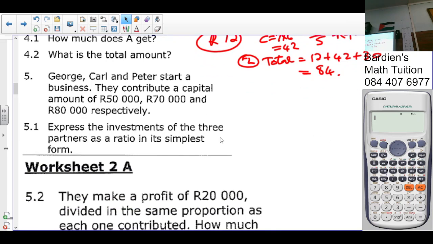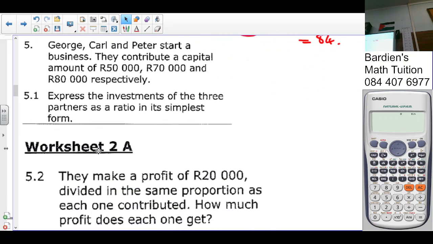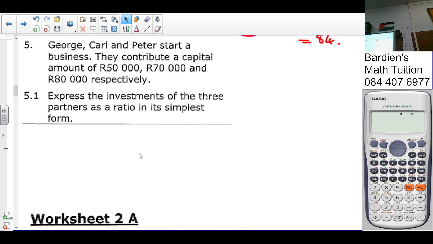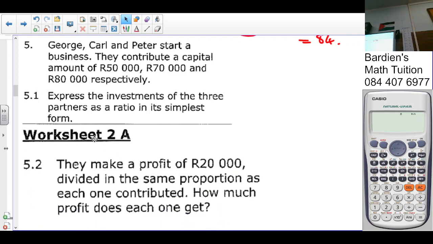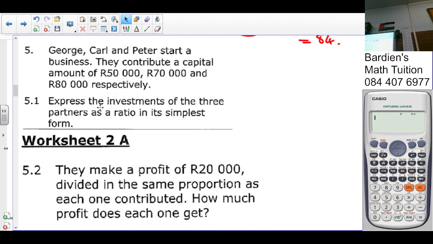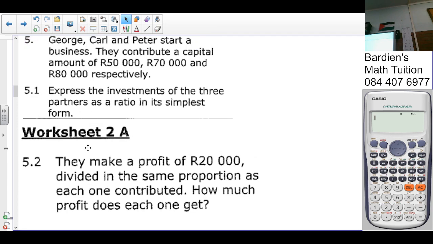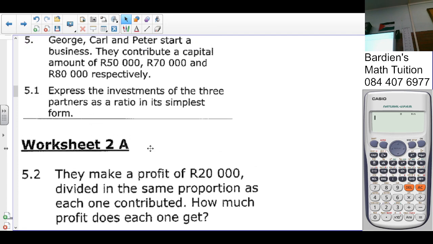Look at the next one. So in question 5, we say George, Carl and Peter start a business. They contribute a capital amount of 50,000 Rand, 70,000 Rand and 80,000 Rand respectively.